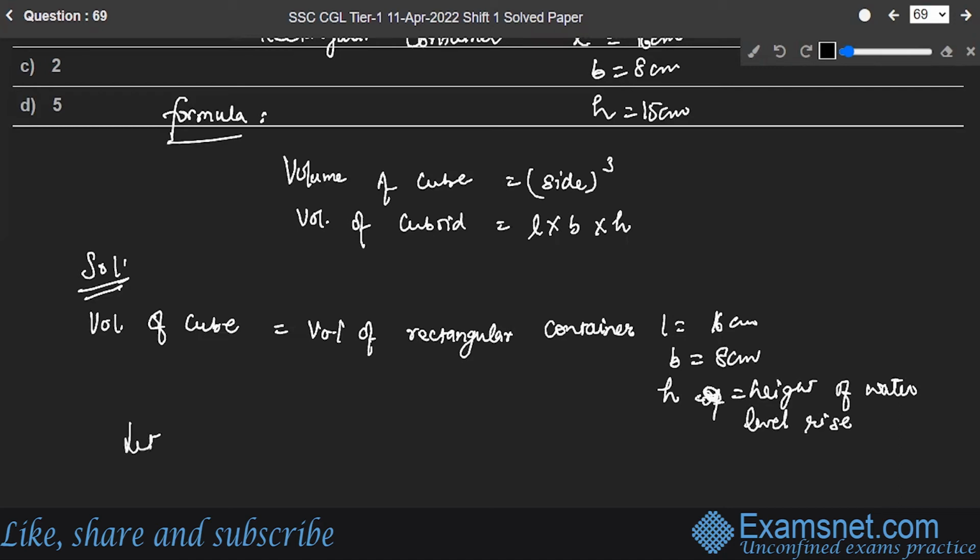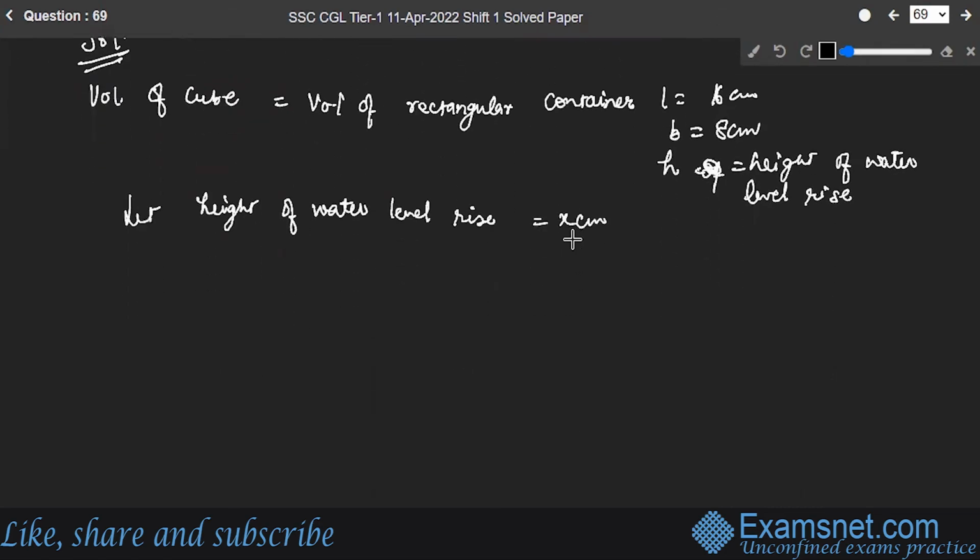So let height of water level rise be equal to x centimeter. Then according to this, volume of cube was side cube, that is 8 cube. Volume of this rectangular container is length into breadth into height, so 16 into 8 into x.